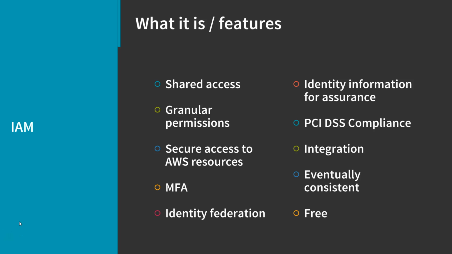Next, we have identity information for assurance, which is using AWS CloudTrail to receive log records that include information about those who made requests for resources in your account. That information is based on IAM identities, which we'll go over later. AWS IAM also supports PCI DSS compliance and the processing, storage, and transmission of credit card data by a merchant or service provider, and has been validated as being compliant with both PCI and DSS.